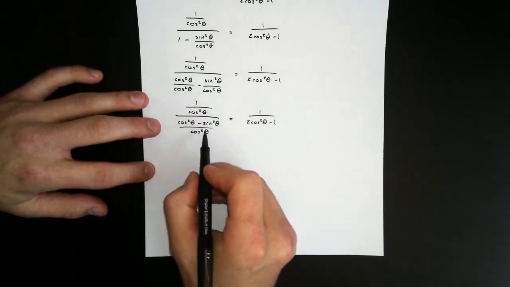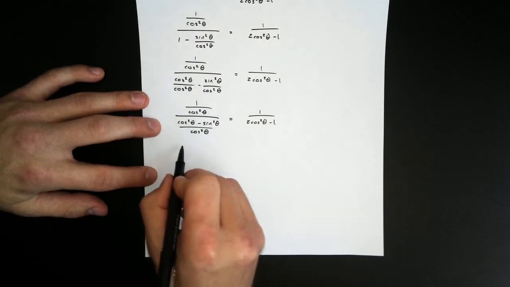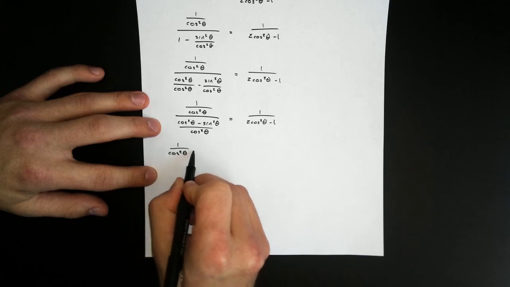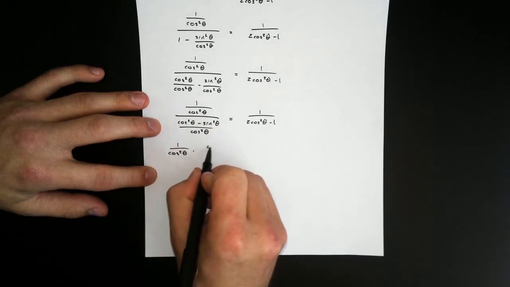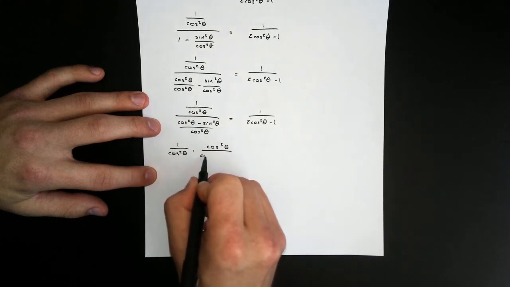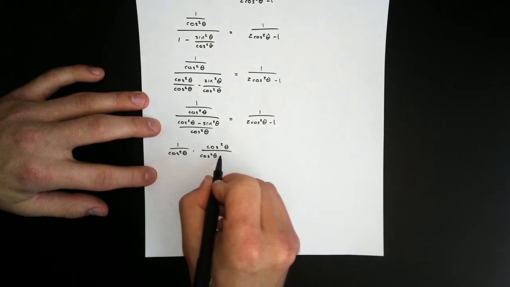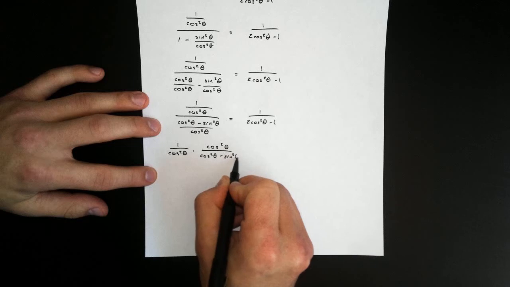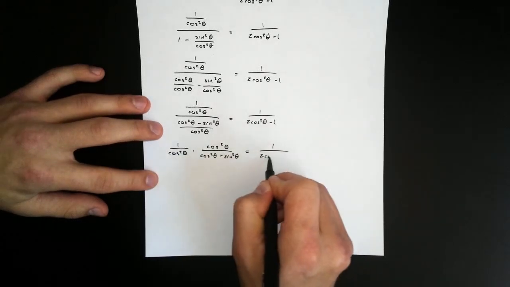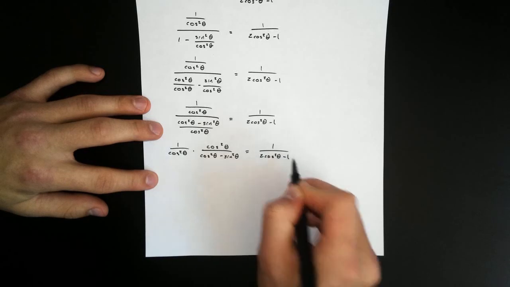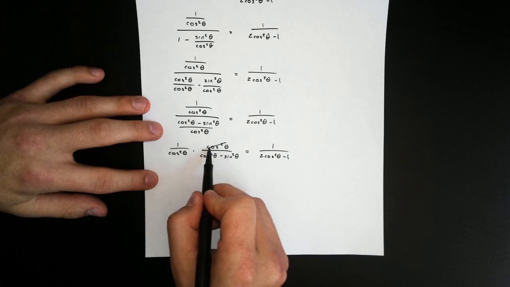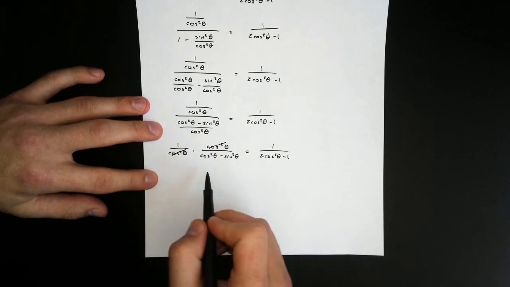So what we end up with is 1 over cosine squared, and then multiplying by the reciprocal. We'll take that bottom fraction and flip it: cosine squared of theta over cosine squared of theta minus sine squared. So multiplying by the reciprocal, we have a cosine squared on top, a cosine squared on bottom.